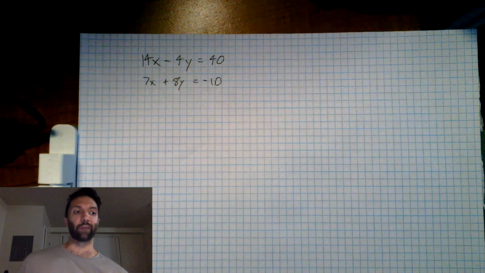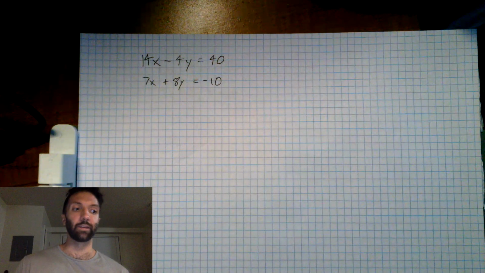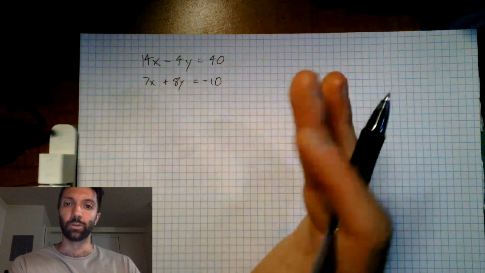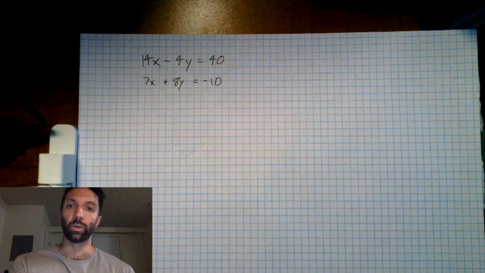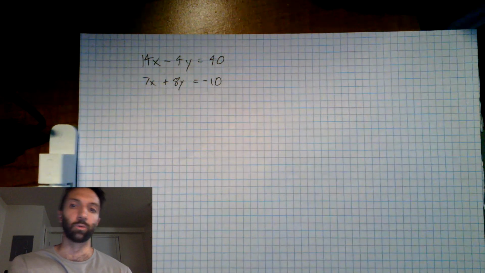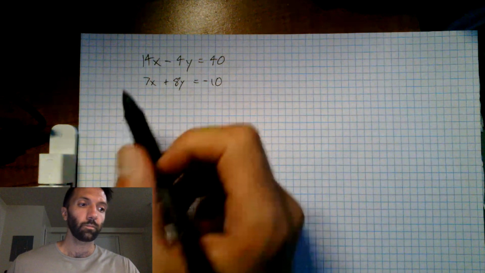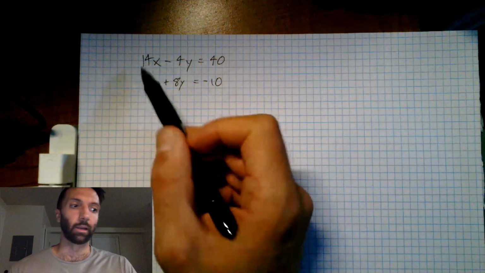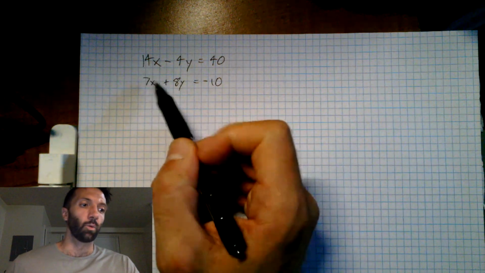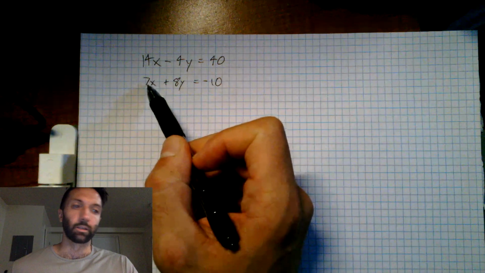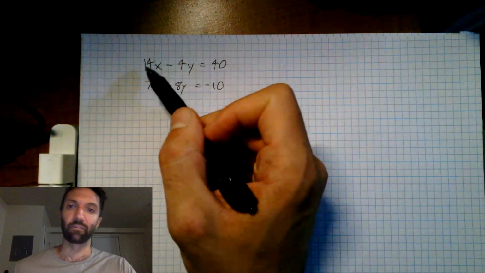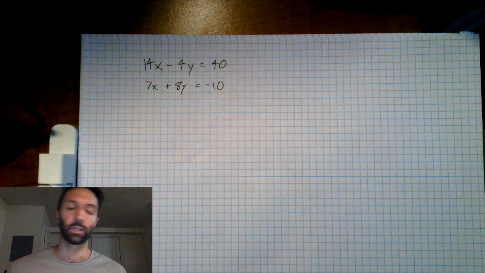And so we have to get a little bit creative. Remember, you're allowed to do anything to an equation as long as you do it to both sides. So let's say I wanted to subtract these and get the x's to equal 0. Then I would want this 7 to be a 14, because then I can subtract the equations and I'd have 14x minus 14x, which is 0.